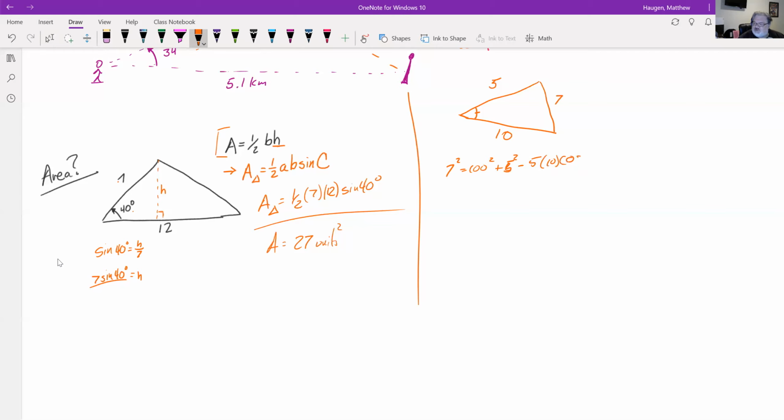Why did I put 100? Oh, because I squared it and then squared it again. That was silly. Did you guys yell at me? No, you didn't. Guys are not watching out for me. Oh, I forgot my 2 as well. I got so excited. 2 times 5 times 10 equals the cosine of A.